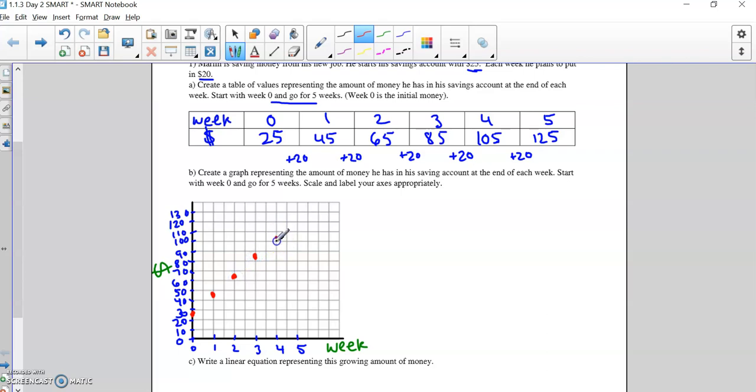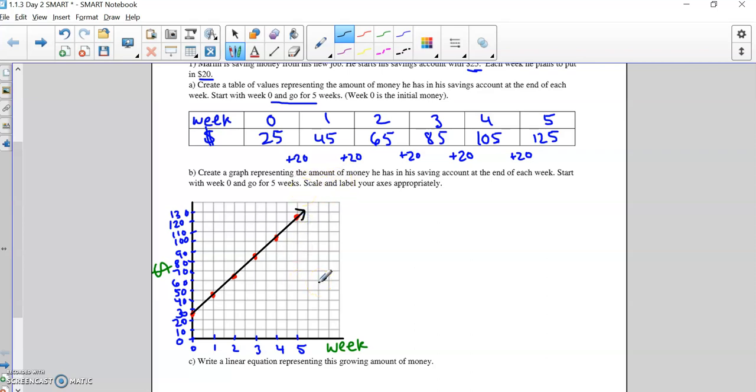Then we had 105. And lastly, we had 125. Okay, once you've plotted your points, you're free to draw your line. All right, and I'm going to go ahead and put an arrow on the end of that line to show that we could keep going, but we're just going to stop here.